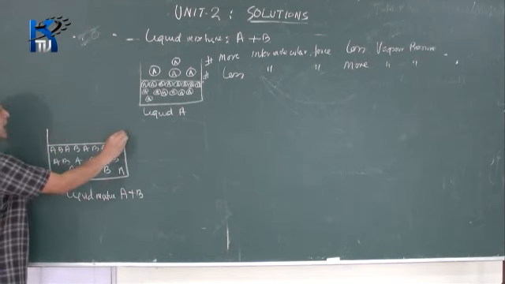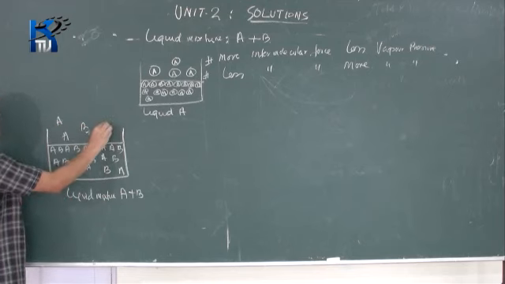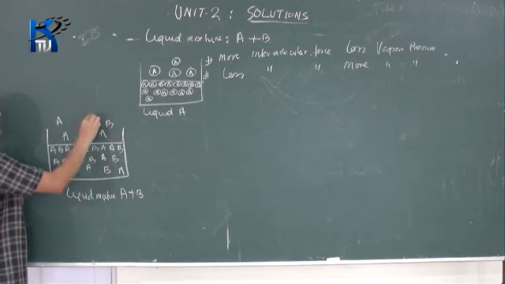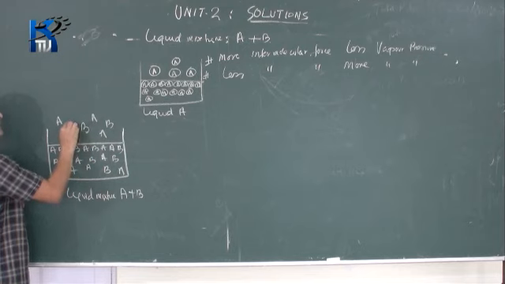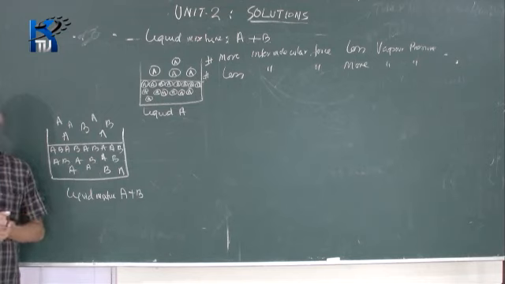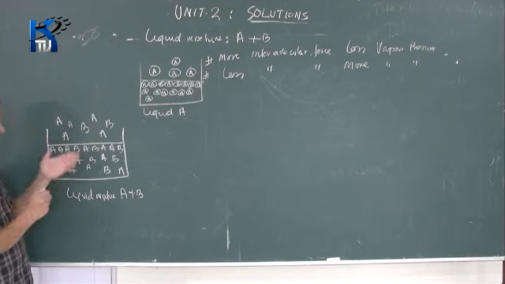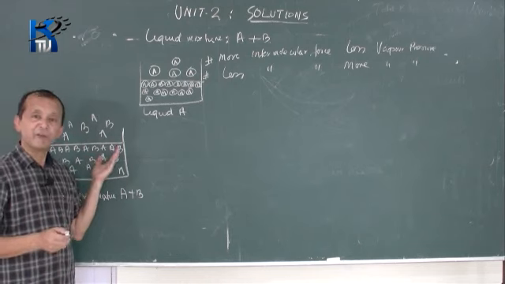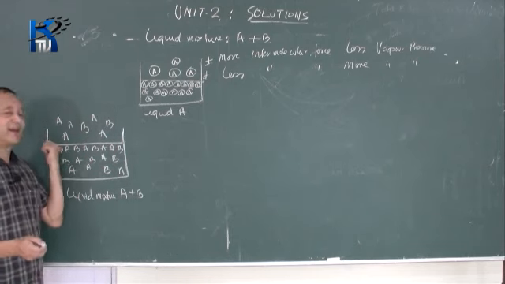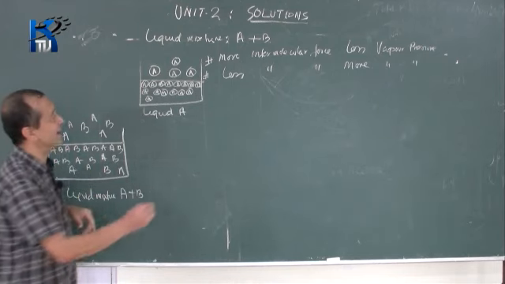As a result, B will be forming vapors and A will also be forming vapors above the surface like this. So molecules of both A and B will escape above the surface, and vapor pressure will be due to the partial pressure of A and the partial pressure of B. Now three conditions will arise here.